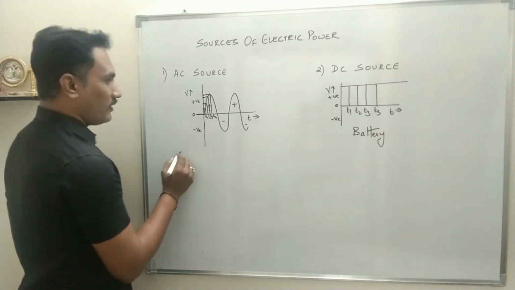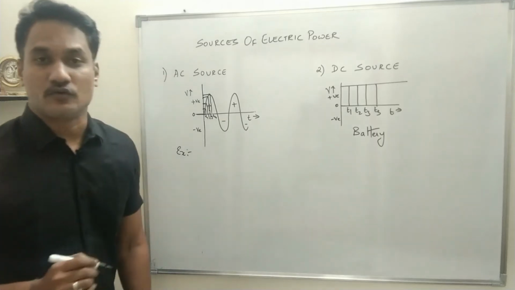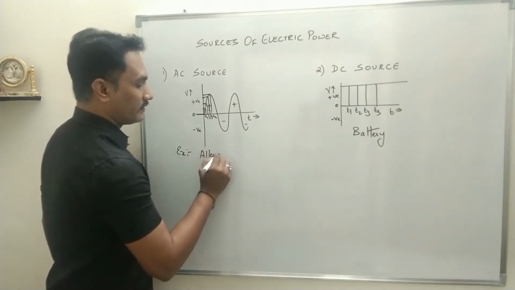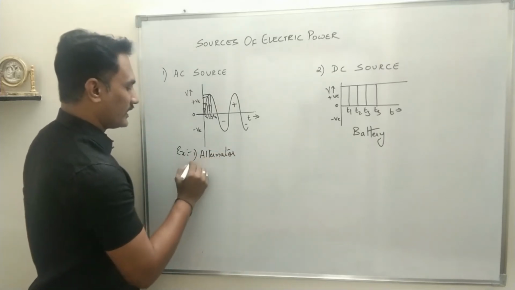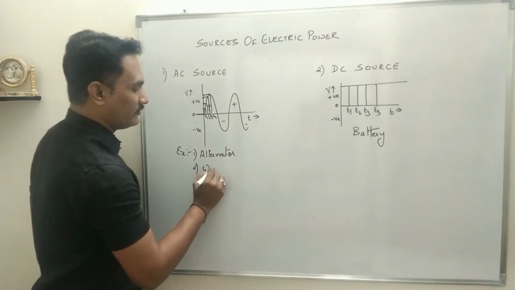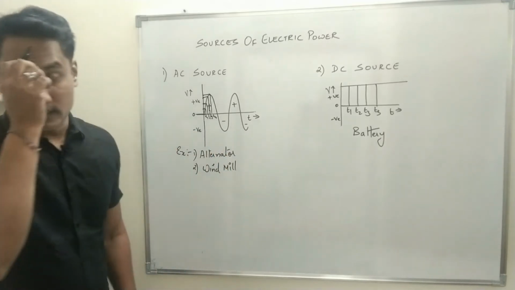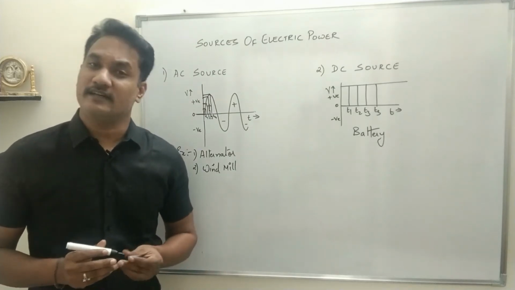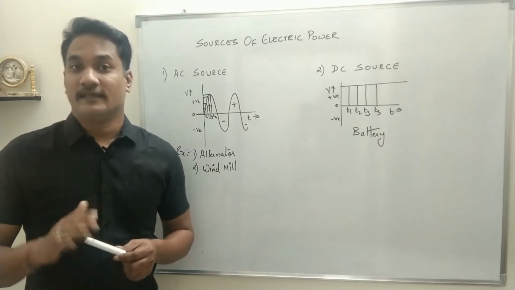An example of an AC source is an alternator. This is one example. Second, a very good example is the windmill. I hope you have heard of the windmill. A windmill converts mechanical energy into electrical energy.